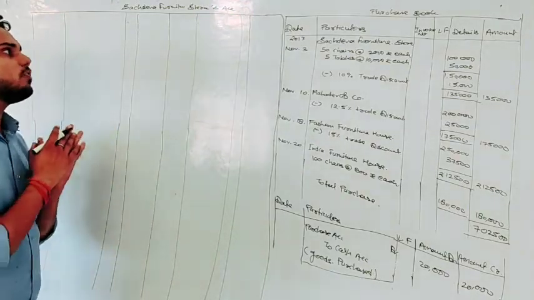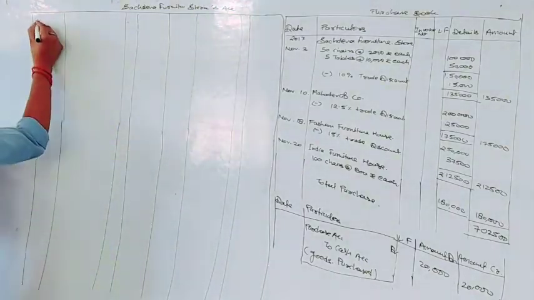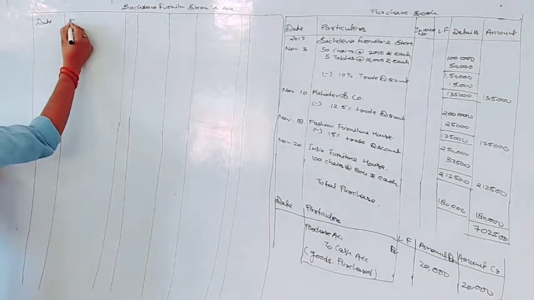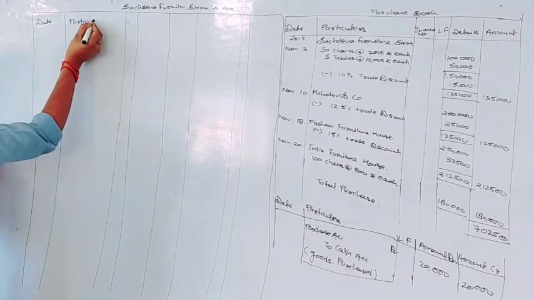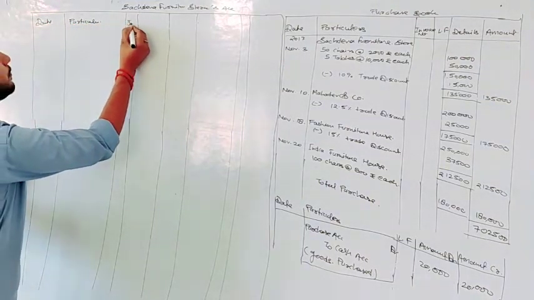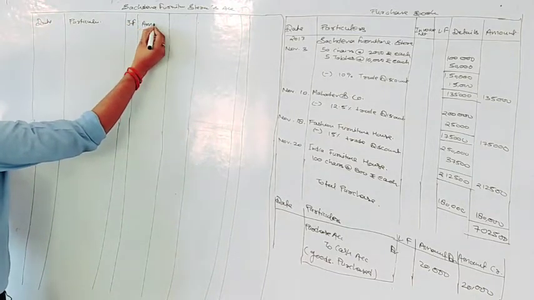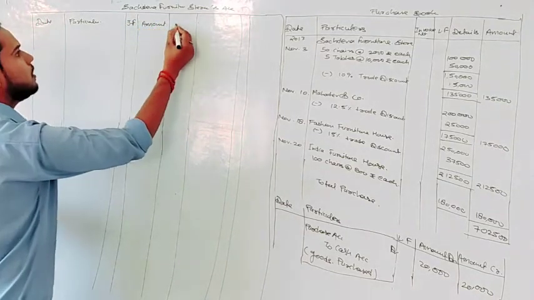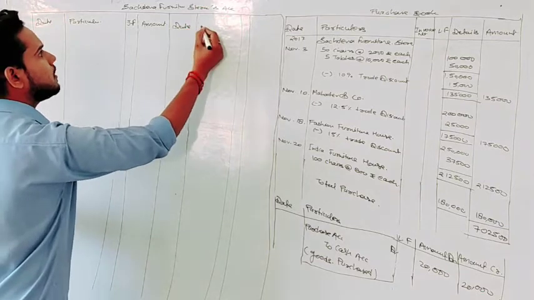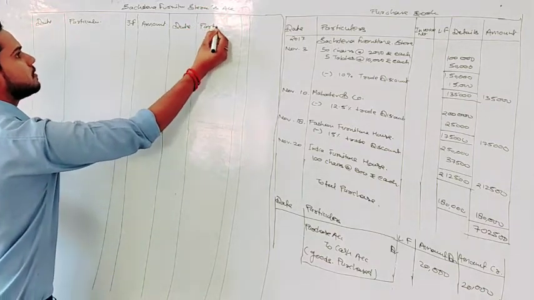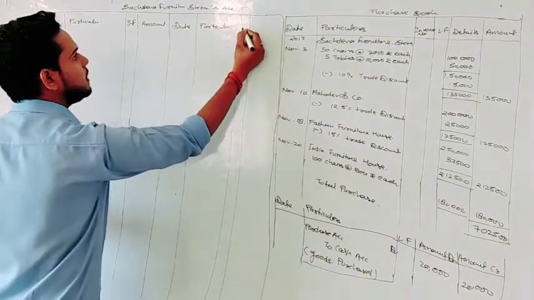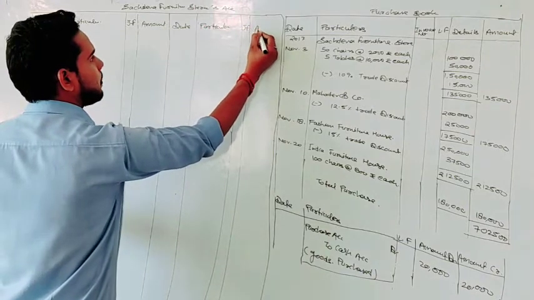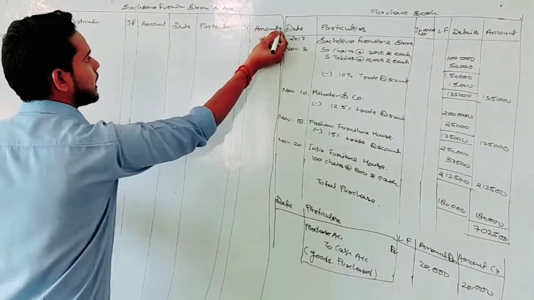So this is the format of a ledger. Firstly, the column is related to date, then particulars, then JF, then amount, which is related to the debit amount. Then again the same columns: date, then particulars, then JF, then amount. Okay, right.